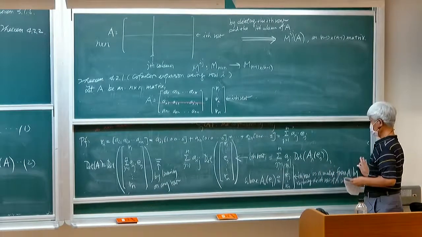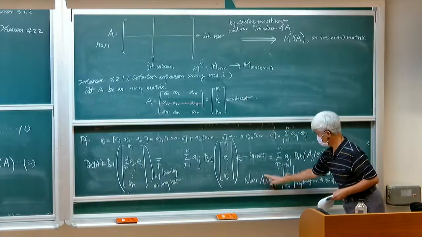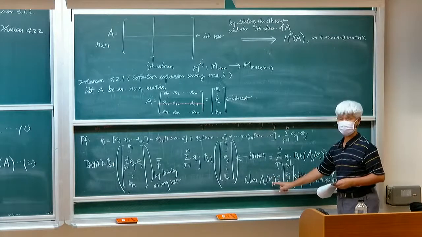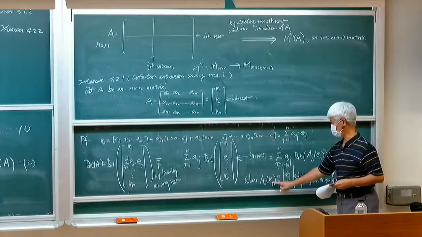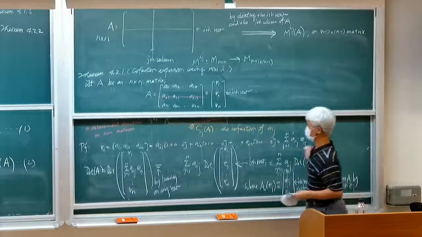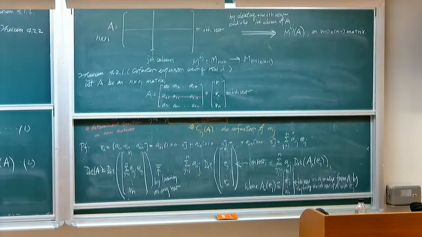Okay, with Ej. So the ith row of A has been replaced by the row vector Ej, the standard unit row vector. Okay. So this is the expansion. This is from the linearity in any row.